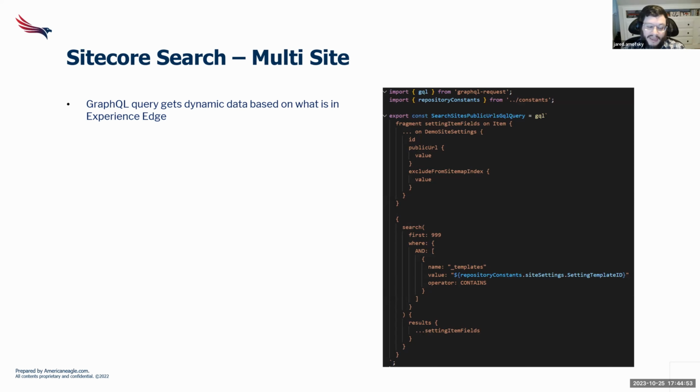We'll get into that in a further slide, but you only had to set up one sitemap index in Sitecore Search, and you point to that one sitemap index. And now we had a way to dynamically have as many sites, it should say asterisk 999, up to 999 sites out there.